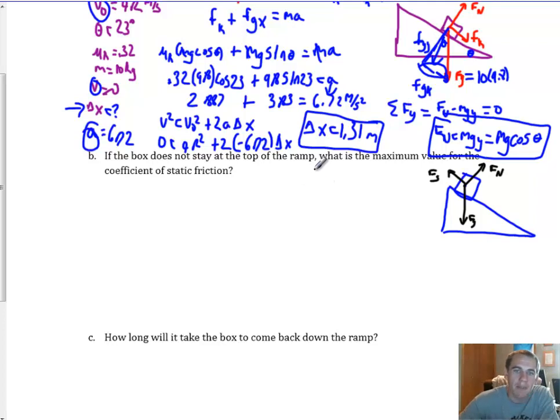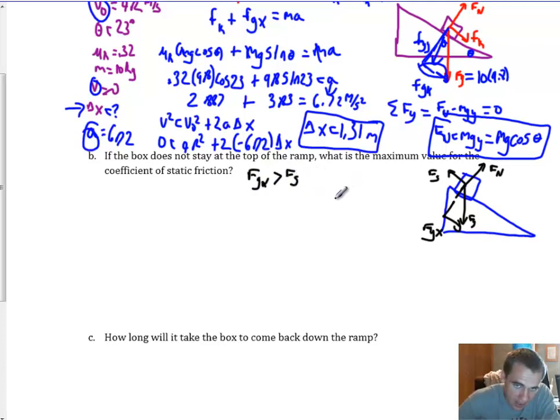And I'm supposed to find the maximum value for the coefficient of static friction, assuming that it actually comes back down the ramp. Okay, well, if it's going to come back down the ramp, that means the x component here, FGX, has to be greater than Fs. So I'm going to go ahead and write that. FGX has to be greater than Fs. Otherwise, static friction wins and it stays at the top.